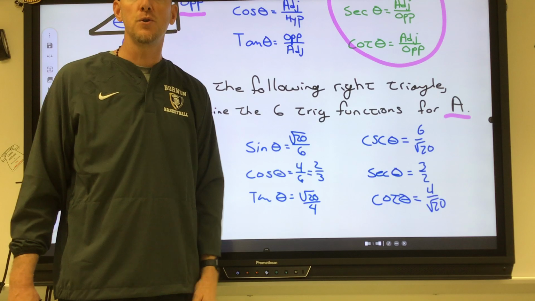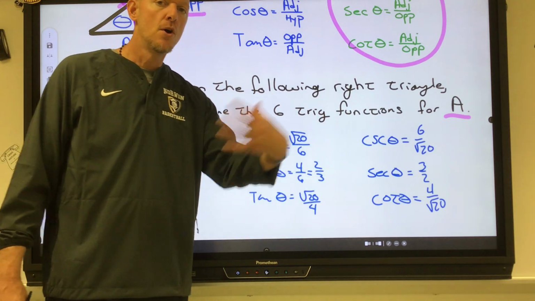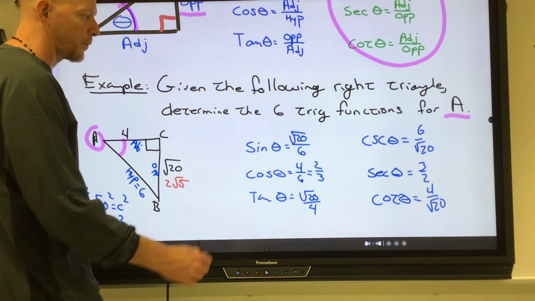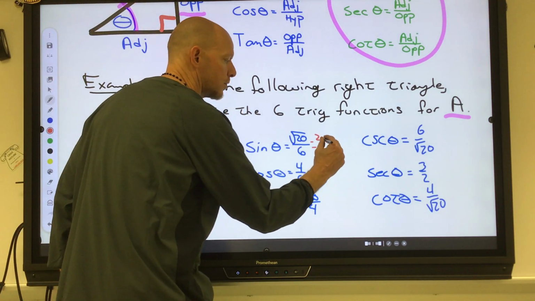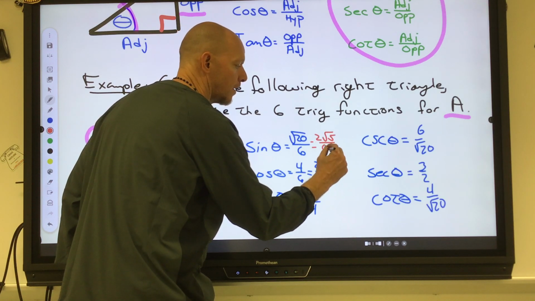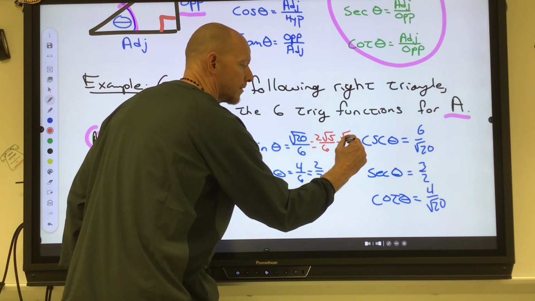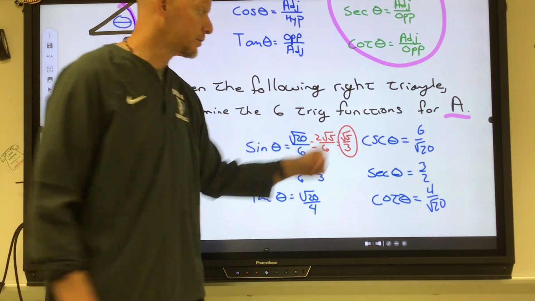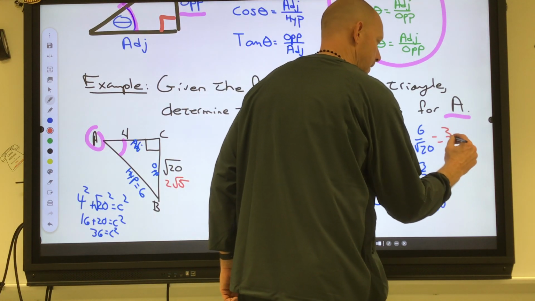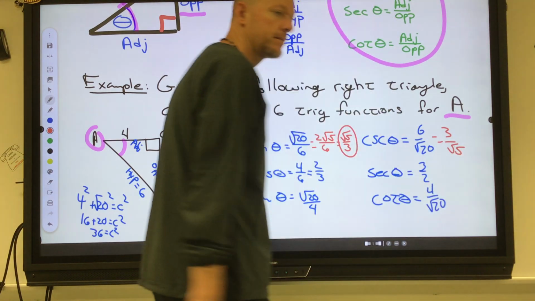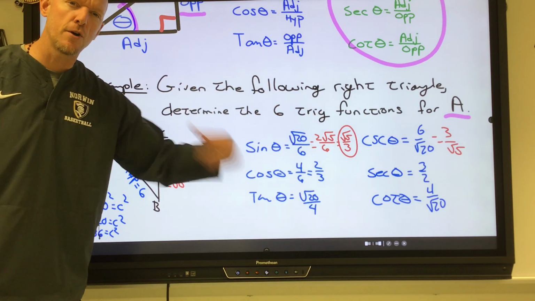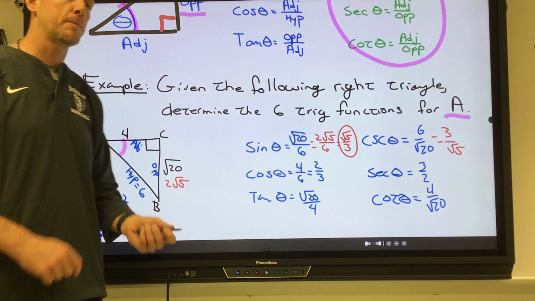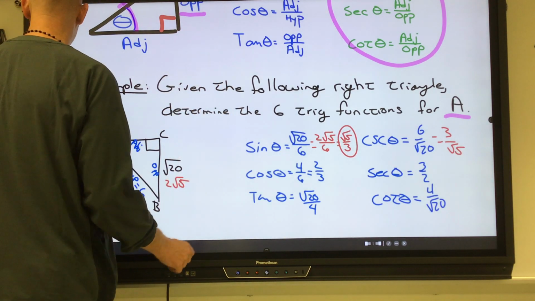That is just for when you're checking, either at the back of the book or on a device. A lot of times the simplified answer is what we're looking for. So sine would be 2 square roots of 5 over 6, or square root of 5 over 3. If you were checking, cosecant would be 3 over the square root of 5. We could change all those, but that is more a technicality of simplification. We're just going over the trigonometric process here at the beginning.